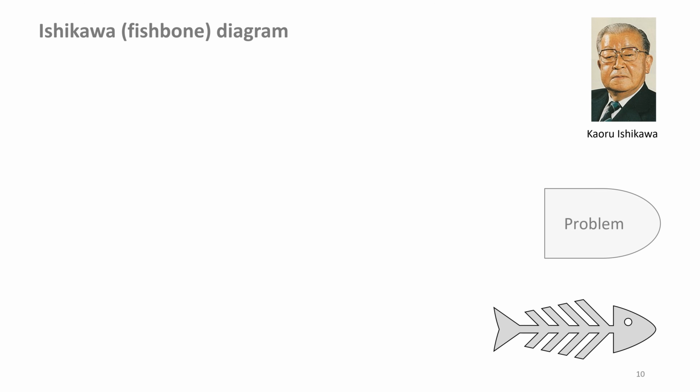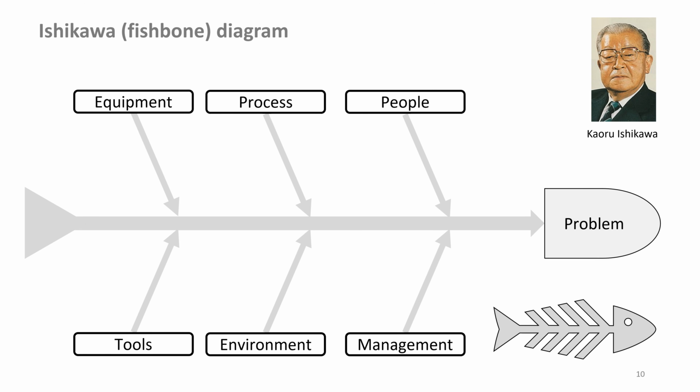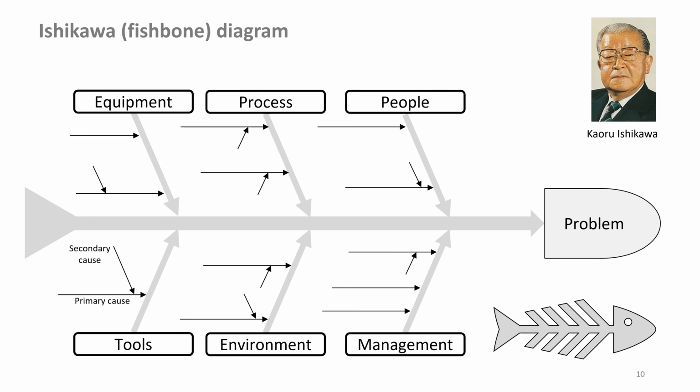The basic problem is entered at the right edge of the diagram, the end of the main bone. The possible causes of the problem are drawn as bones on the main bone. Brainstorming usually involves adding possible causes to the main bone and more specific causes to the bones on the main bone.